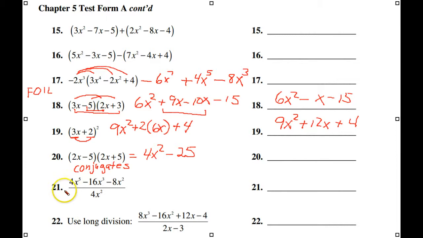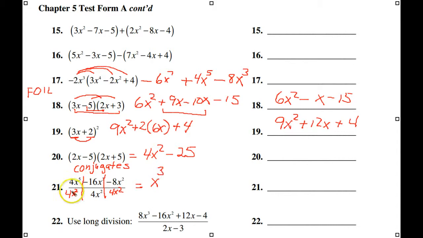And in number 21, which is a division problem, the method we said that you should use for these is to put each of the terms in the numerator over your common denominator, and then just simplify them. So this is going to become x to the third.